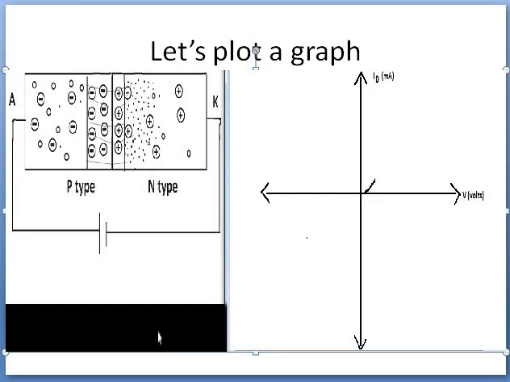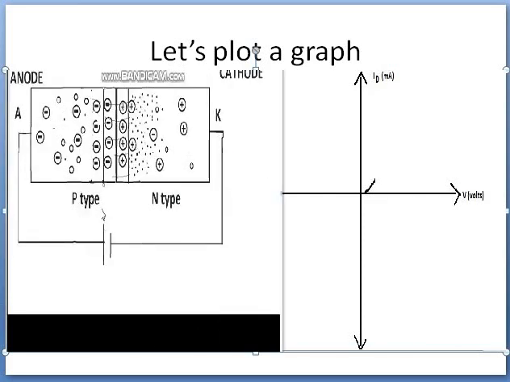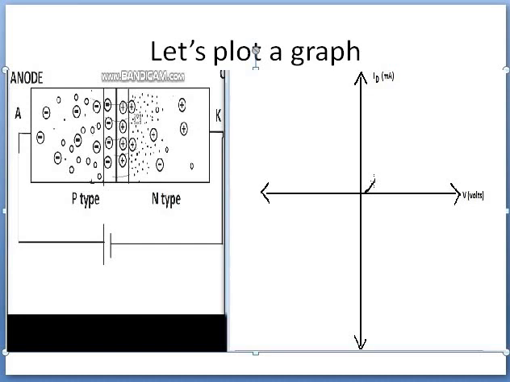As the barrier is being lowered, you see this graph, there is some nominal current which is starting to flow, and the moment these electrons start crossing over, you'll see an electron crossing over this junction. The moment they have enough energy to cross the barrier potential, the current starts flowing. There's a rapid rise in this current, exponential rise.